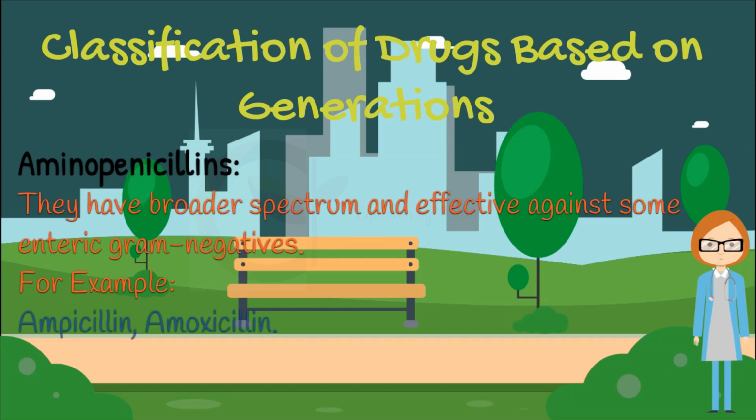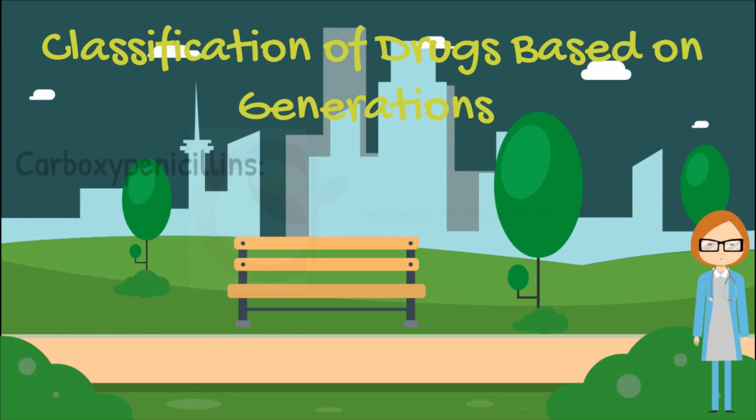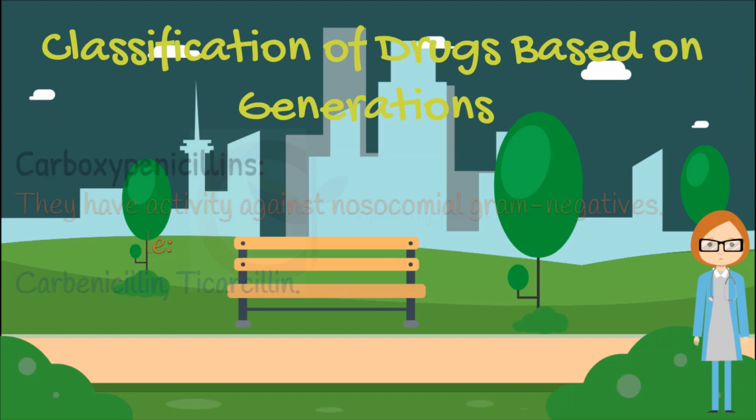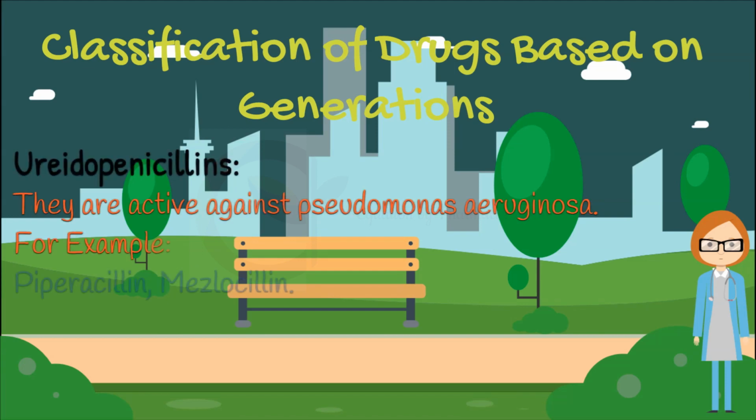They have a broader spectrum and are effective against some enteric gram-negatives. For example, ampicillin, amoxicillin. Carboxypenicillins. They have activity against nosocomial gram-negatives. For example, carbenicillin, ticarcillin. Ureidopenicillins. They are active against Pseudomonas aeruginosa. For example, piperacillin, mezlocillin.